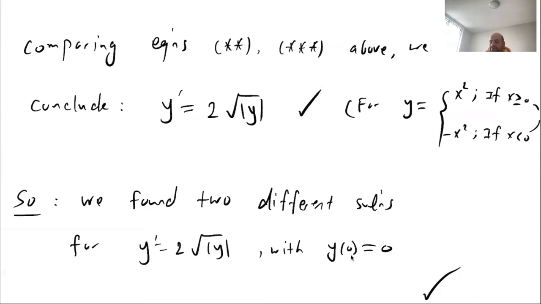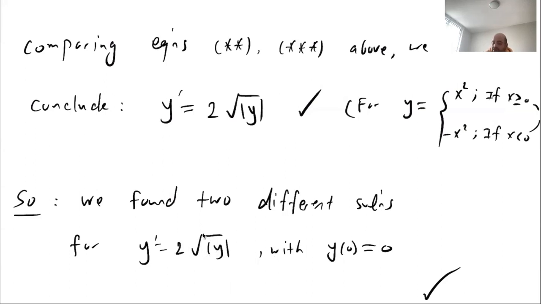Is that okay? That's okay. It doesn't contradict Picard's theorem, because Picard's theorem guarantees existence and uniqueness of the solution only if the function on the right-hand side is continuous at the point, which it was in this case, and it also requires the partial derivative of this function with respect to y to exist and be continuous at this point.